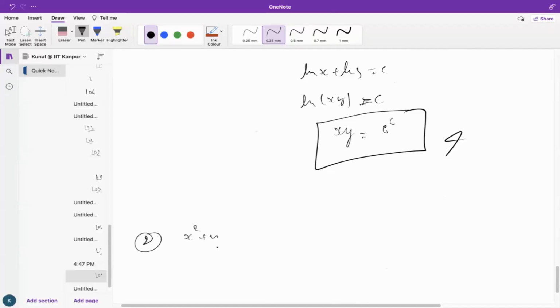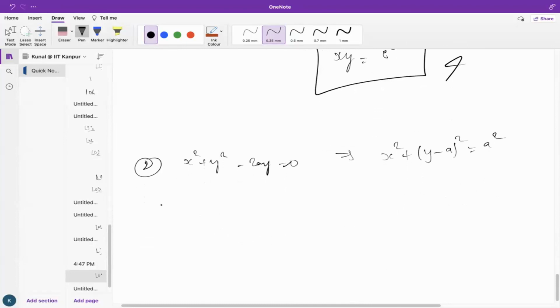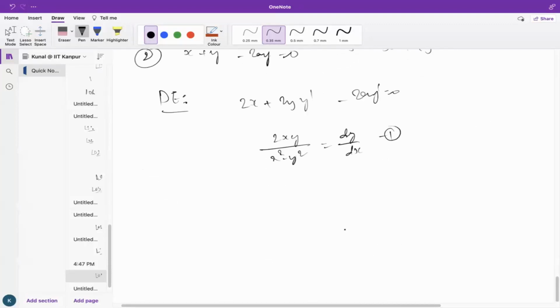x square plus y square minus 2ay is equal to 0, that is, x square plus (y minus a) square is equal to a square. What we have to do here is first find a differential equation. So differentiate it. We'll get 2x plus 2y y dash minus 2a y dash is equal to 0. So here we'll get 2xy by x square minus y square is equal to dy by dx. This is our equation number 1.